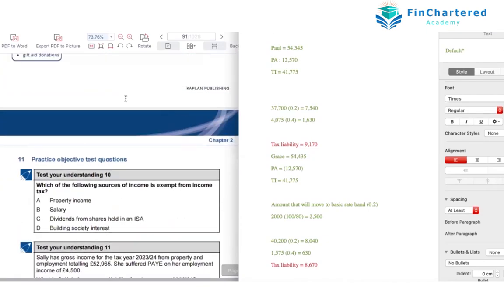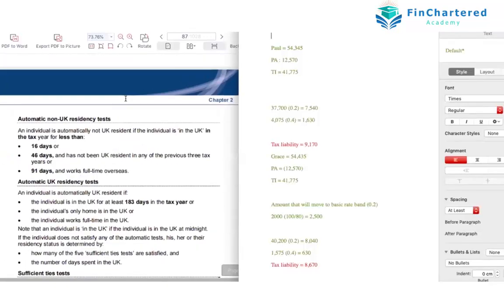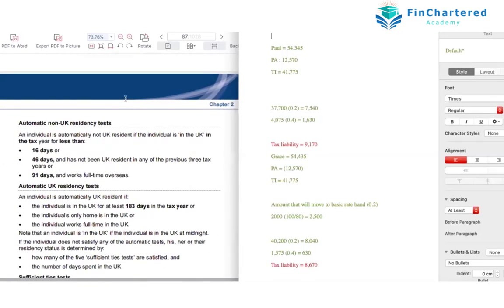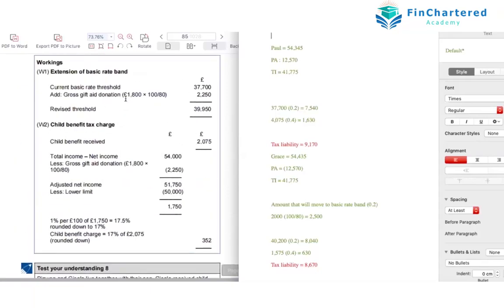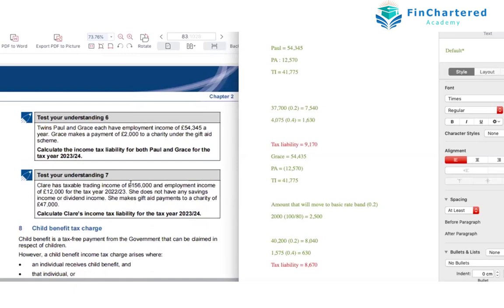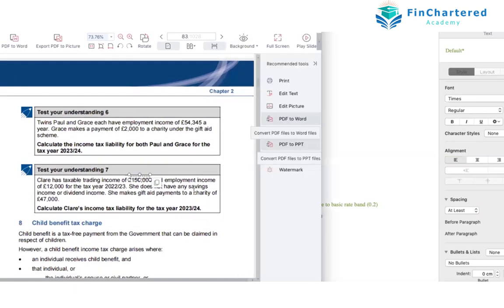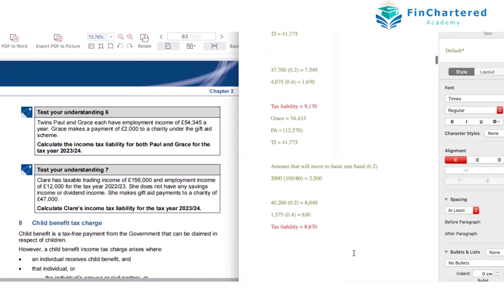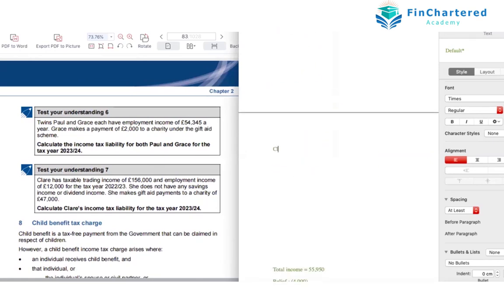Now coming to your question, Aditya, I think the next test your understanding is where the income is more than 100,000. There is where there will be an adjustment to the net income. Claire has a trading income of 156,000 and employment income of 12,000. So in Claire's case, 156 plus 12 is 168. She does not have any savings income or dividend income, and she makes gift aid donations to a charity of 47.